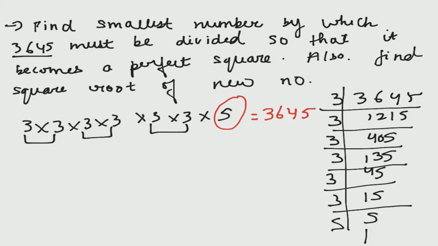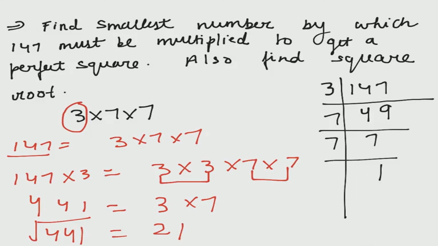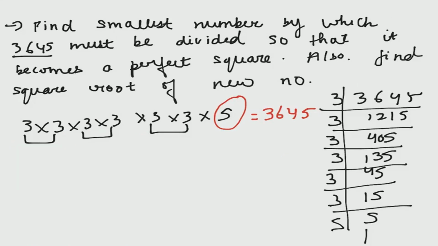It means what we have to do? We have to divide 3645 by 5, because here the question is that we can either make a pair of the left out number or we can remove that number. In the previous example we were making the pair, so we multiplied by the number that is left out. Here in division, we are removing that number.